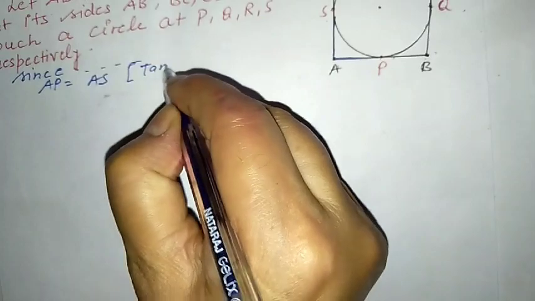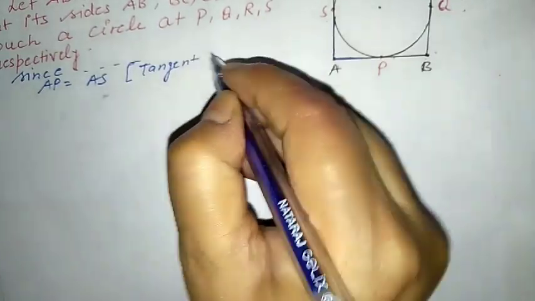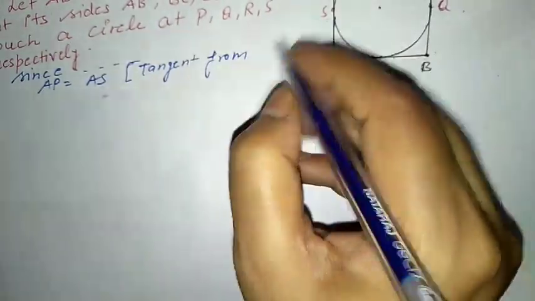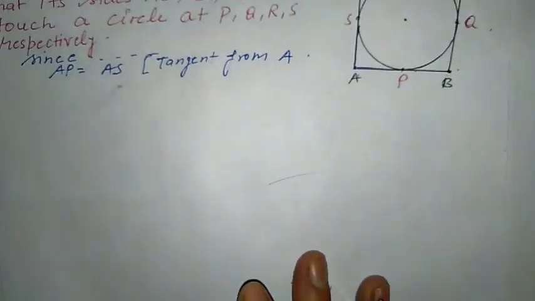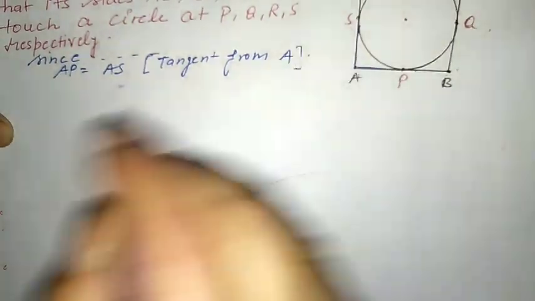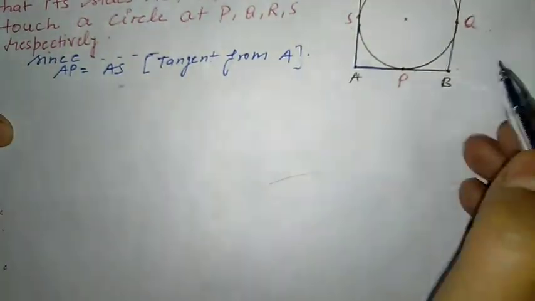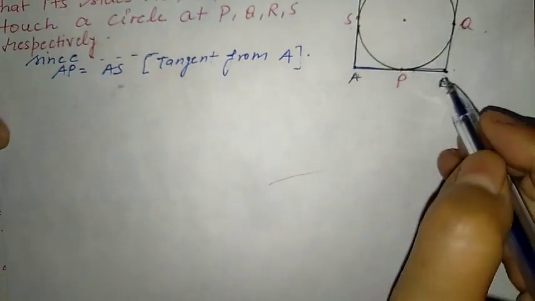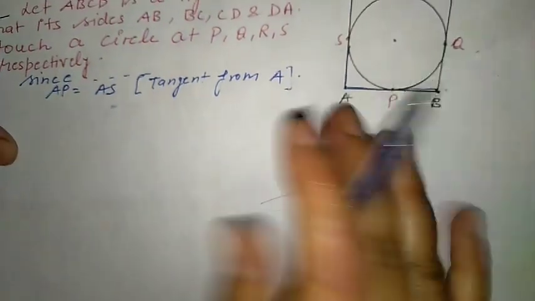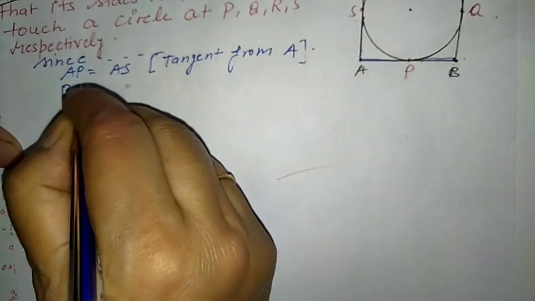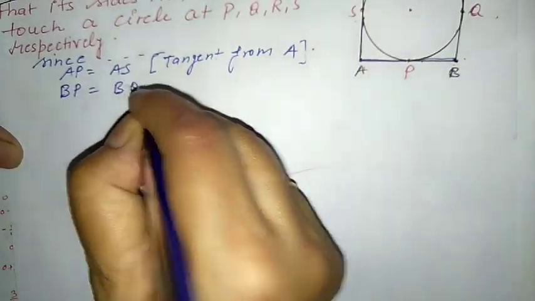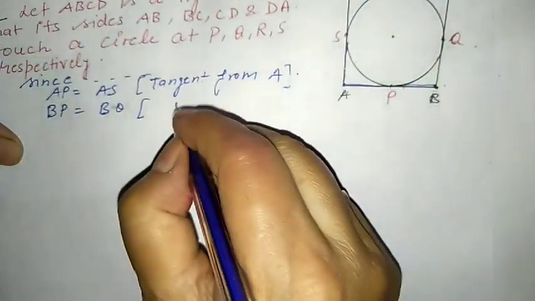This is the tangent from A. Then we can write BP is equals to BQ. This is the tangent from B.